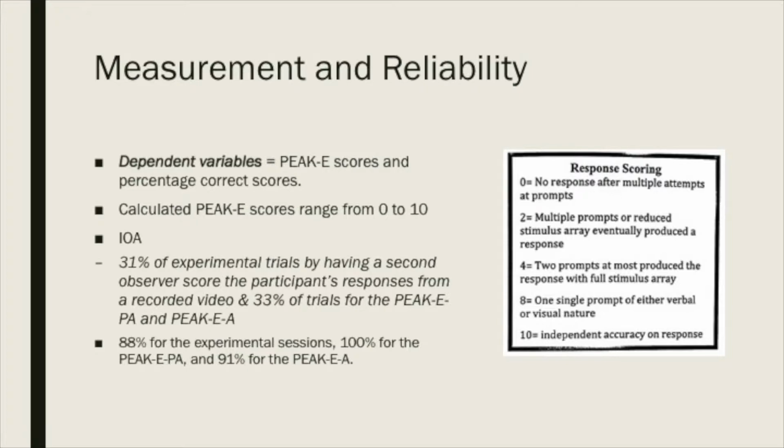For IOA, 31% of the experimental trials had a second observer score the participants' responses from a recorded video, and 33% of the trials in the PEAK-E pre-assessment and PEAK-E assessment were completed with a second observer, the same way with a recorded video. IOA was 88% for the experimental sessions, 100% for the PEAK pre-assessment, and 91% for the PEAK-E assessment.